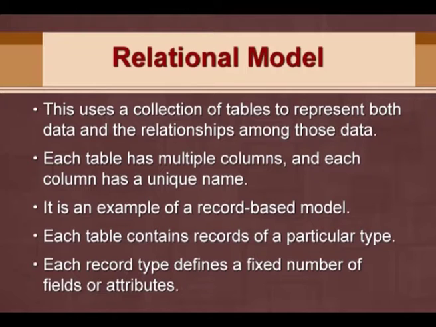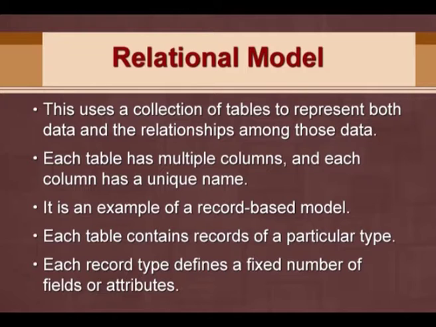Each and every table in the relational model has multiple columns, which we can call attributes, and each and every attribute will have a unique name and a data type associated with it. Suppose an attribute is called student name, we define a data type associated with it, like what it stores, the name of the student.